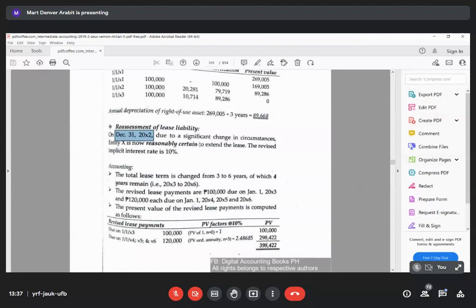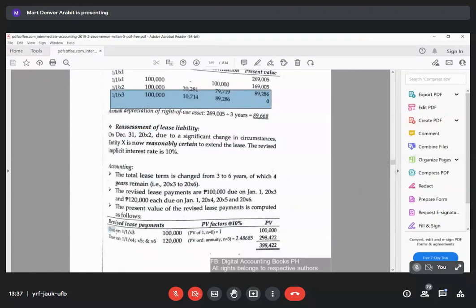And next is the revised lease payment are 100,000 due on January 1, 2023 for the last year of the previous lease and will now be 120,000 for the next 3 years. And the present value of the revised lease payment is computed as follows.